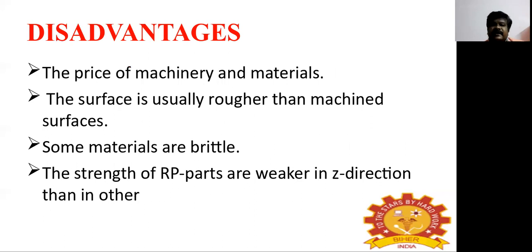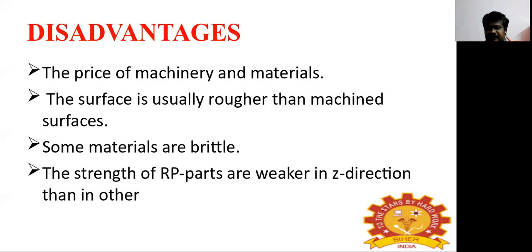Then disadvantages. The price of this machinery or the materials is a bit higher. That is the first disadvantage. Then the surface is rougher when we compare with a machined surface.